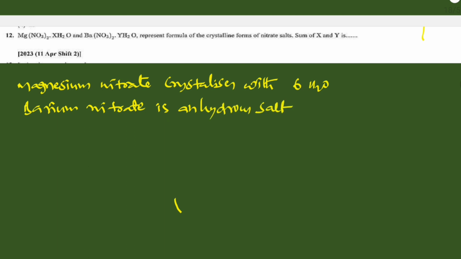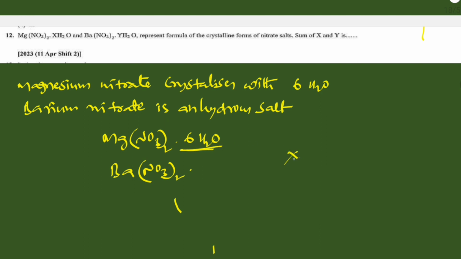The hydrated form of magnesium nitrate is Mg(NO3)2·6H2O, and the anhydrous salt of barium nitrate is Ba(NO3)2.